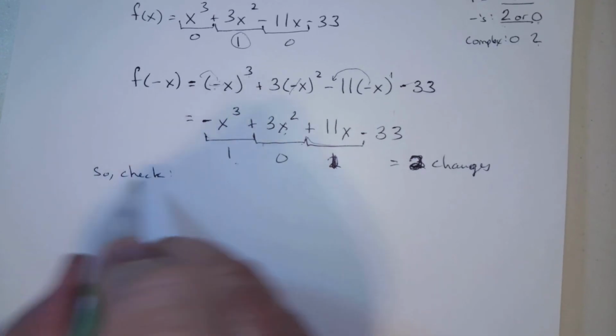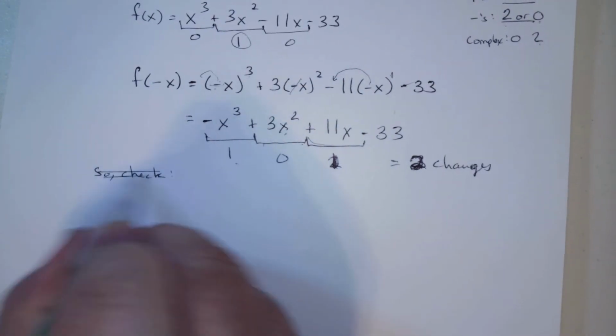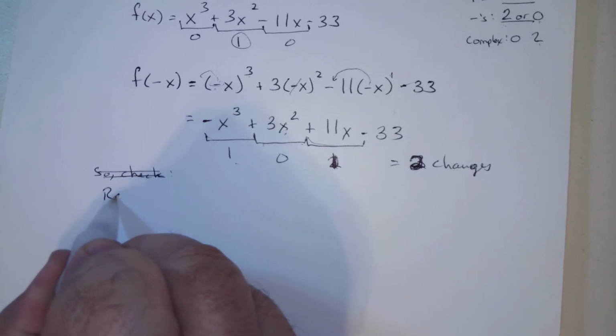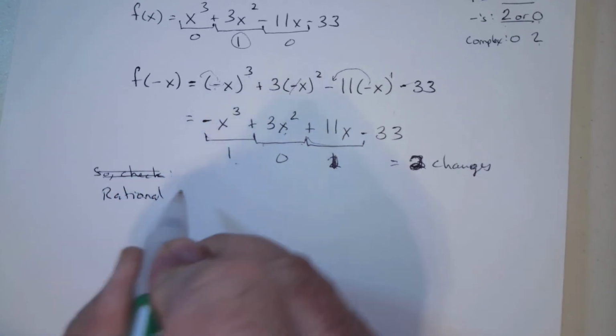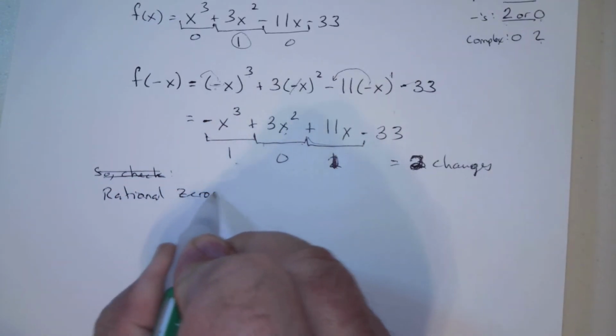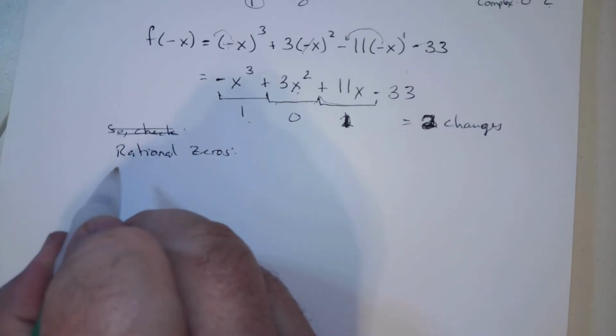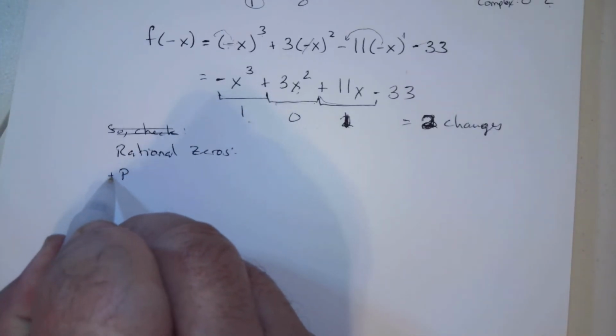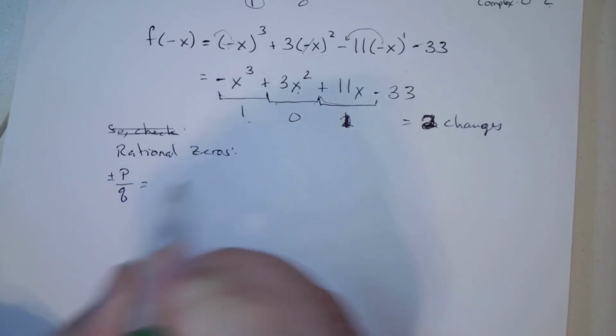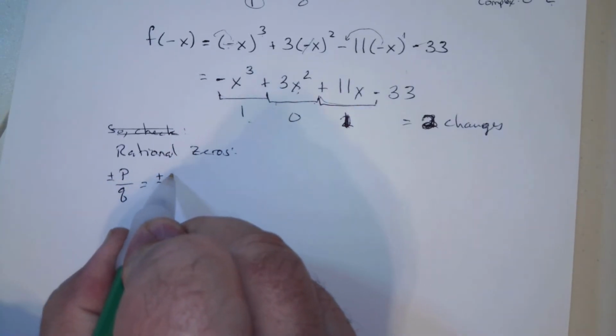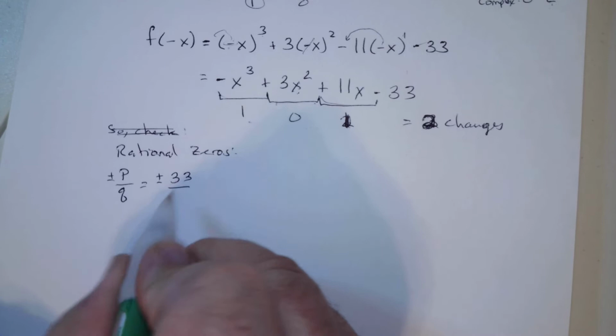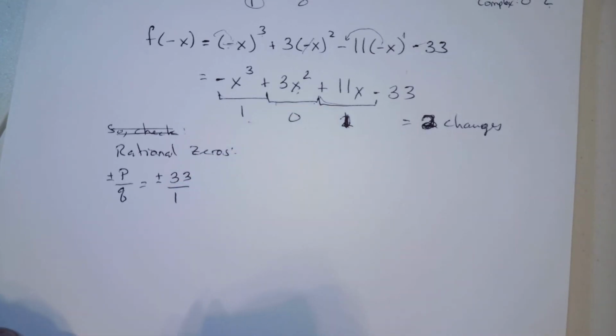We have to first find our rational zeros: plus or minus p over q. So it's plus or minus 33 over 1.